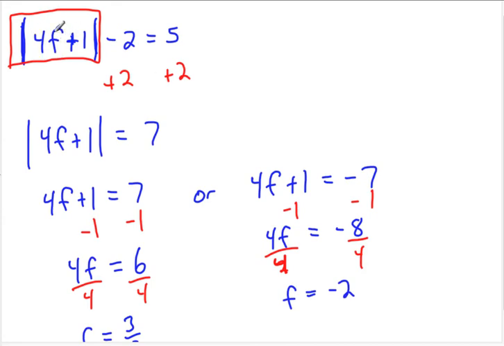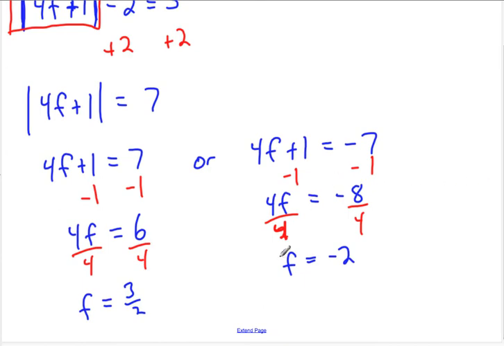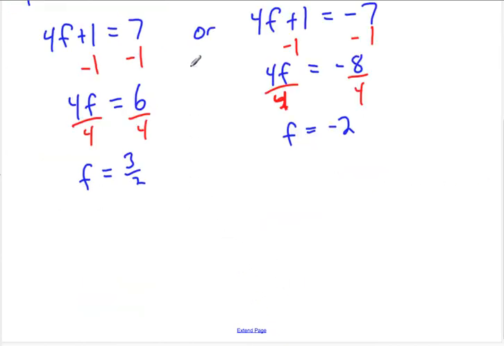So 4 times negative 2 would have been negative 8. Plus 1 would have been negative 7, but then when you take the absolute value, you get 7 minus 2 equals 5. So both of these answers are perfectly acceptable, and if we were to graph it, it's actually more than acceptable. You would have to show both answers to answer this question properly.